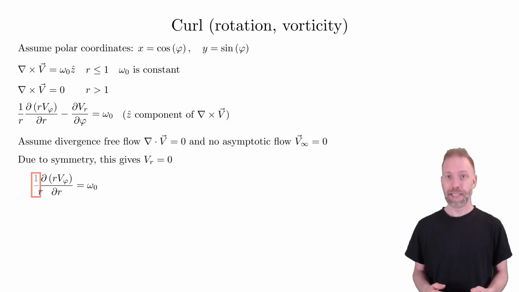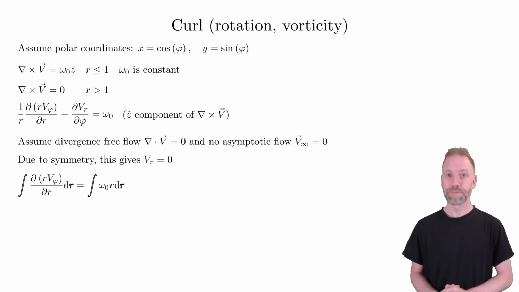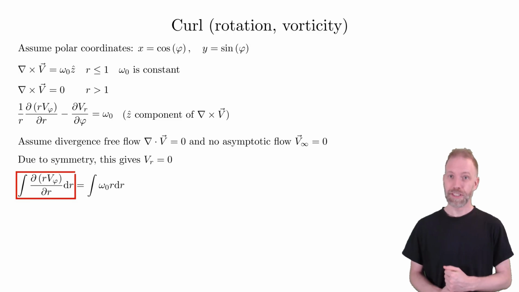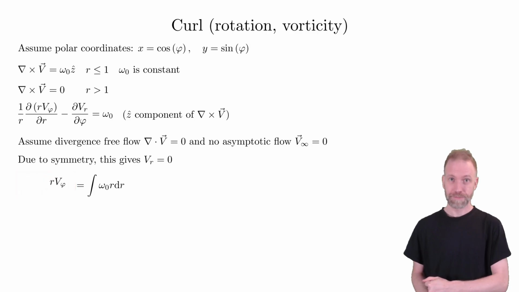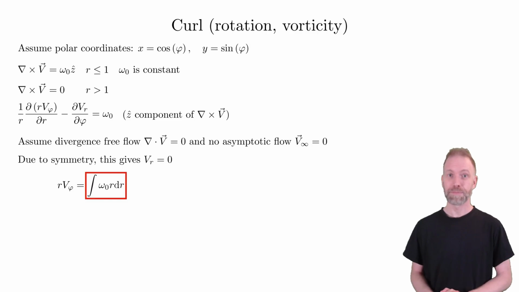Multiply with the radius and integrate both sides. The integral over the derivative is the function, and the other side is the integral over a polynomial. Then divide by r.